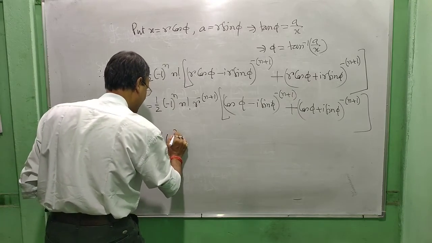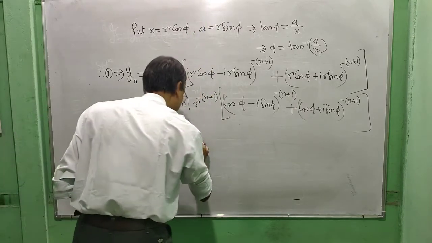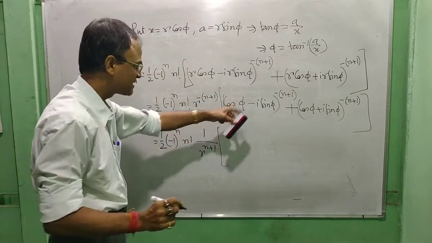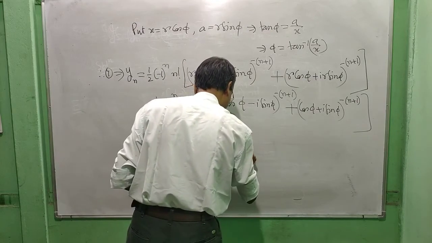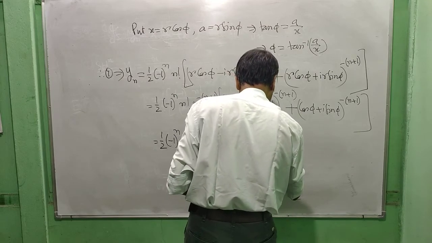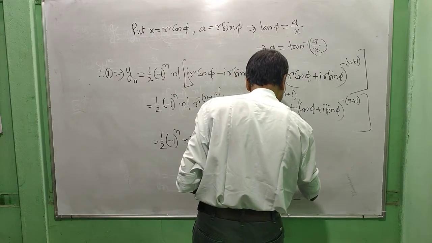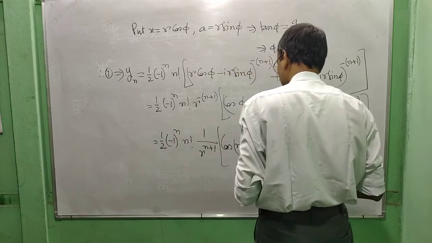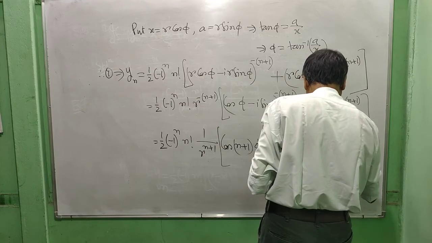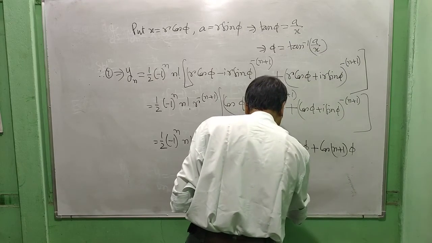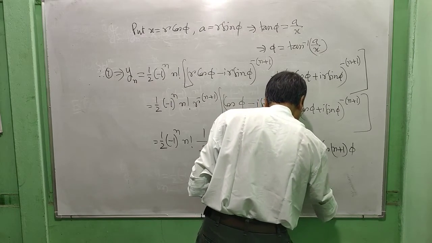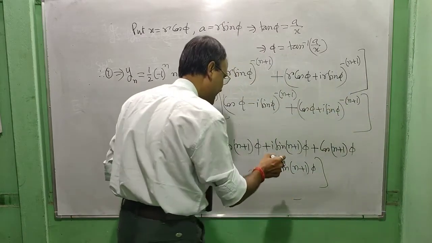So (-1)^n n! times 1 by r to the power n plus 1. By De Moivre's theorem, you will get cos (n+1) phi plus i sin (n+1) phi, plus cos (n+1) phi minus i sin (n+1) phi.